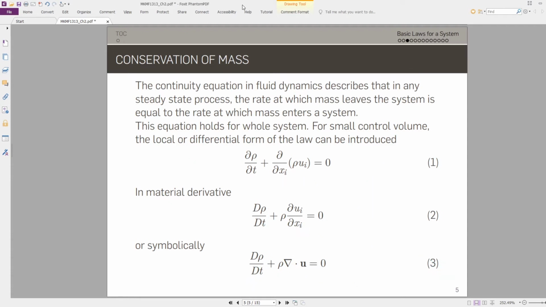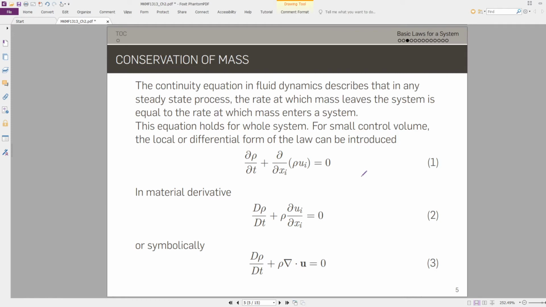So the conservation of mass, or continuity equation, in fluid dynamics describes that in any steady state process, the rate at which the mass leaves the system is equal to the rate at which the mass enters the system.